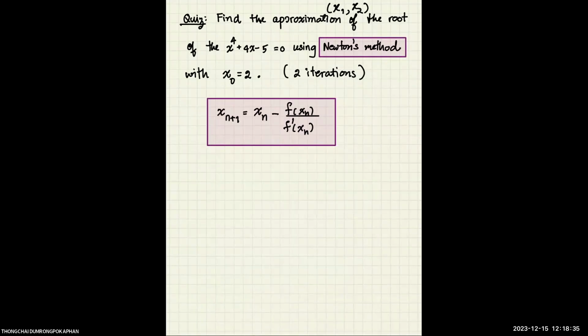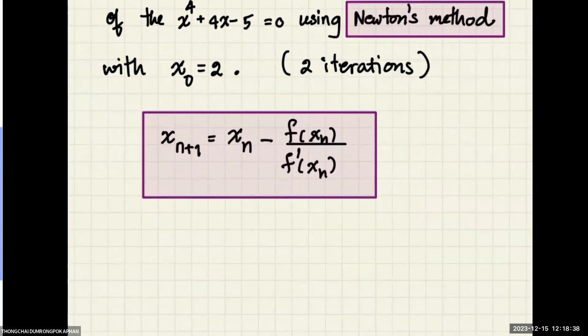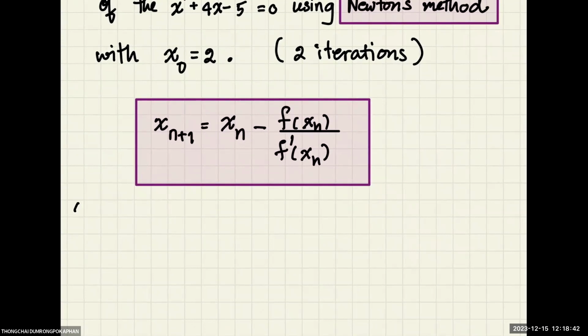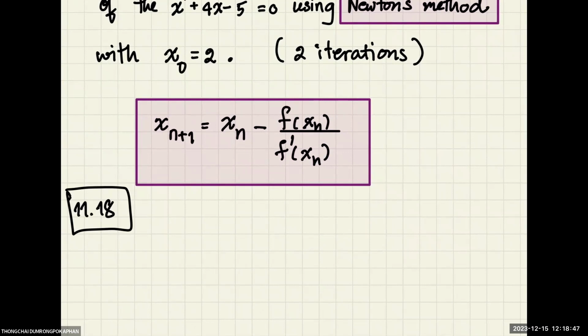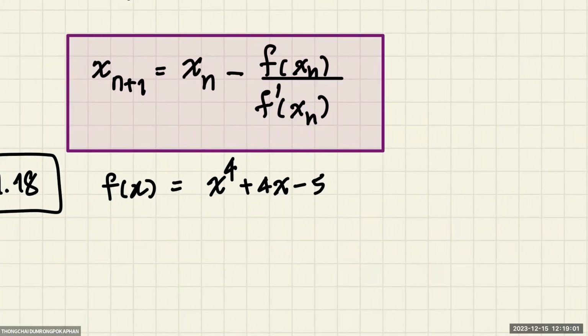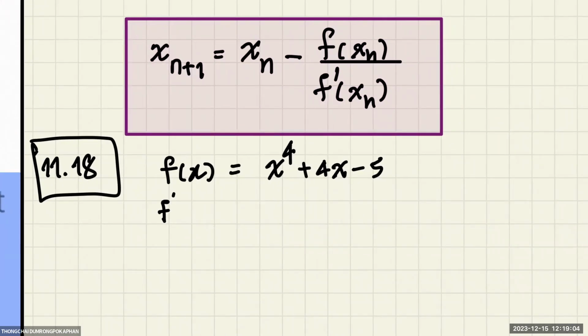Okay, so for this, now for the Newton method. f(x) is x to the fourth plus 4x minus 5. From the Newton method, you need to find the derivative of the function, which is going to be 4x to the third plus 4.